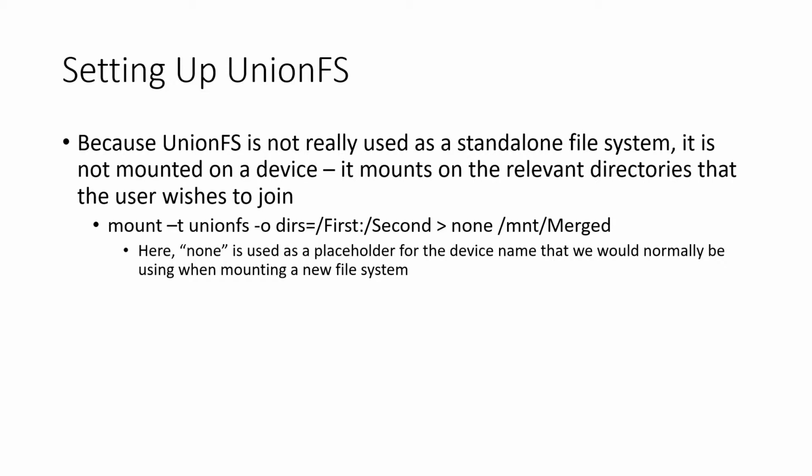So in this mount operation, we're going to mount type UnionFS using directories /first and /second, which you can see are separated by that colon. And we're going to create a new directory called /mnt/merged. And none is just used in place of the device name that we would normally use for a mount operation.